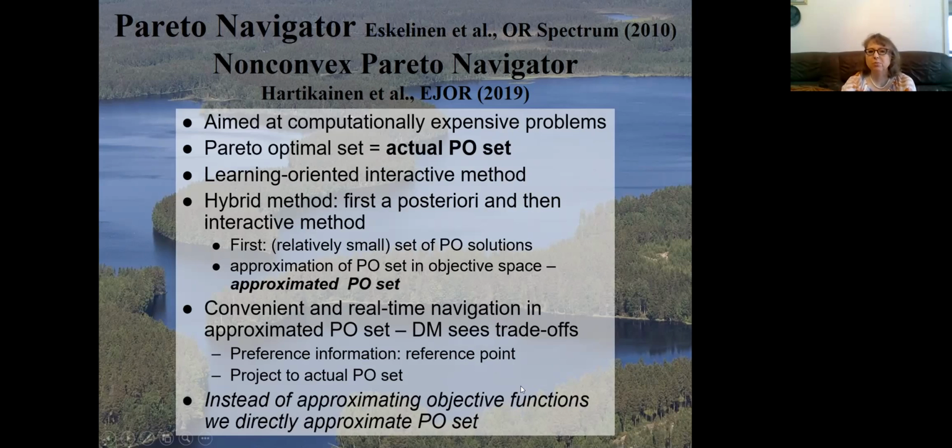So we don't approximate individual objective functions, but we approximate the set of Pareto optimal solutions directly.